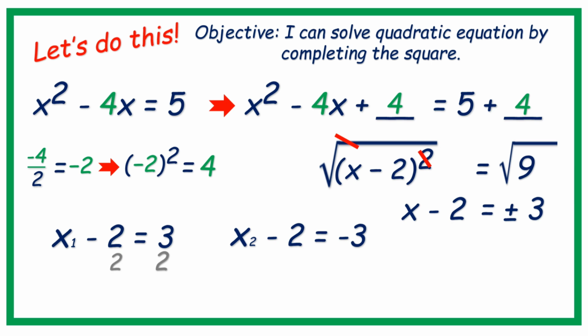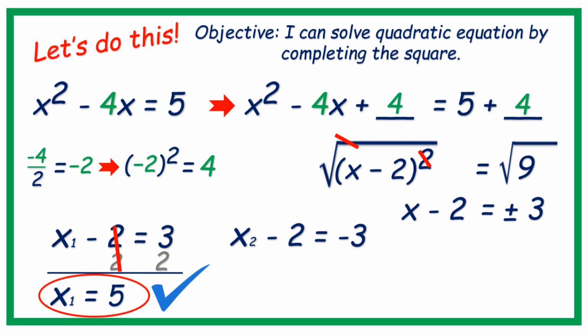That cancels negative 2, leaving our x isolated, and the answer 3 plus 2 is 5. So our x sub 1 is 5. You got it, just like that.